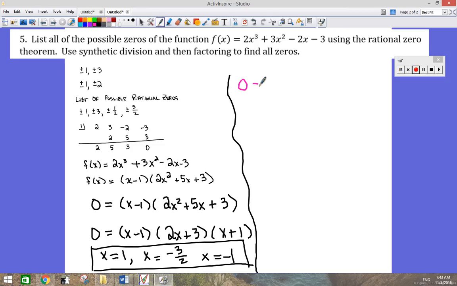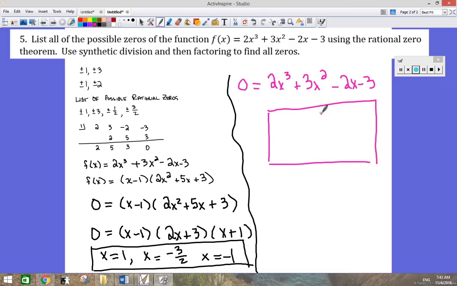So if I do have the skills to solve this 2x cubed plus 3x squared minus 2x minus 3. Some people like to put it in the form of a table. Now, most of the time when you're using tables with the x method, you enter your information diagonally, but when you're doing grouping, you just enter it from left to right.